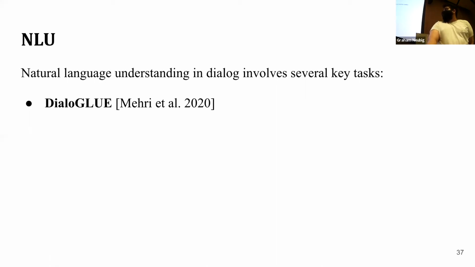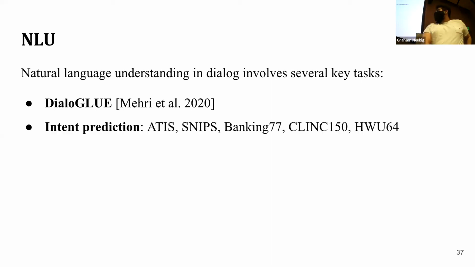Again, I'm kind of advertising my work here, but we introduced the DialoGLUE benchmark, which takes a number of tasks related to NLU and dialogue and provides a benchmark that you can evaluate them on. For intent prediction, these are a couple of good data sets: ATIS, SNIPS, Banking77, CLINC150, and HWU64.